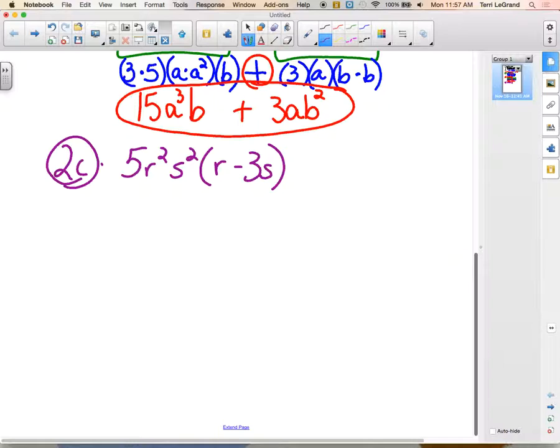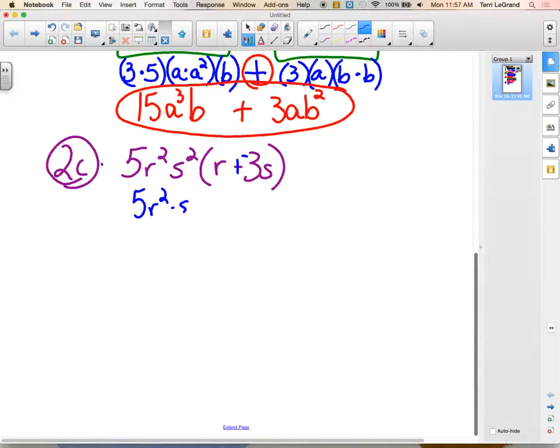Okay, how many multiplications do we have this time? 2. What are we gonna do with that subtraction inside that binomial? We're gonna change it to add the opposite. So let's just go ahead and do that right away. Let's change that to add the opposite. And then let's set up our 2 multiplications. So we have 5r squared s squared that has to get multiplied.